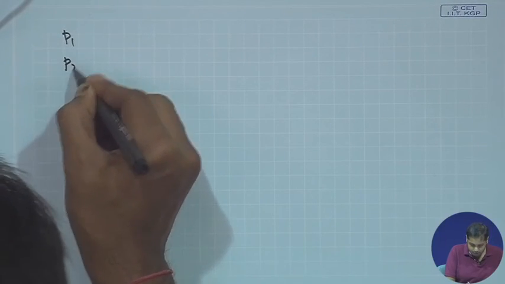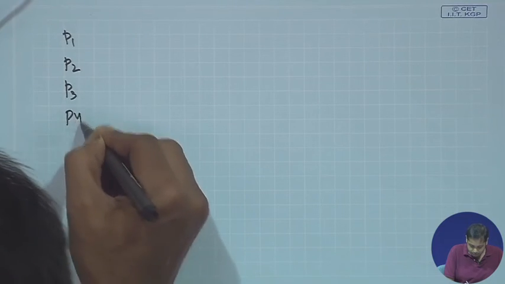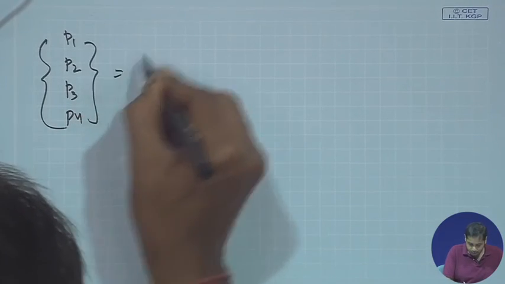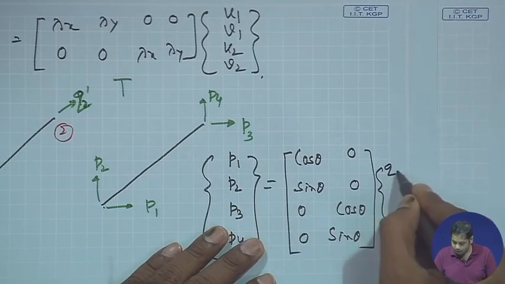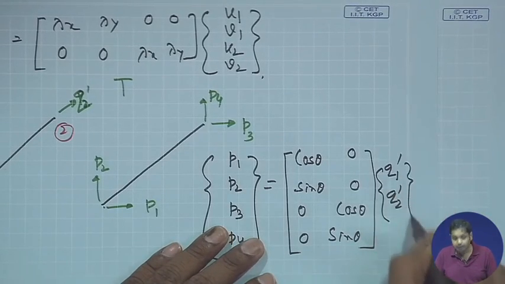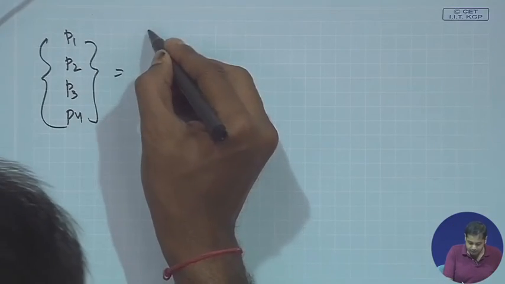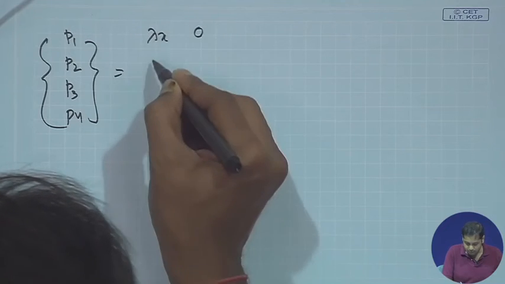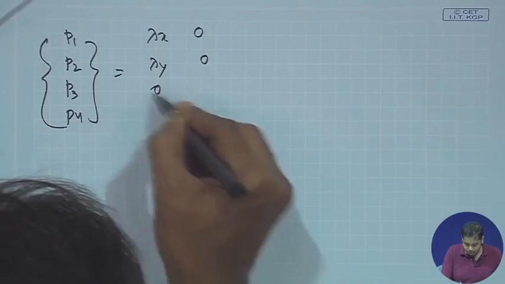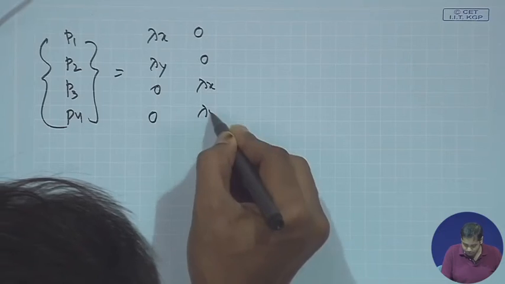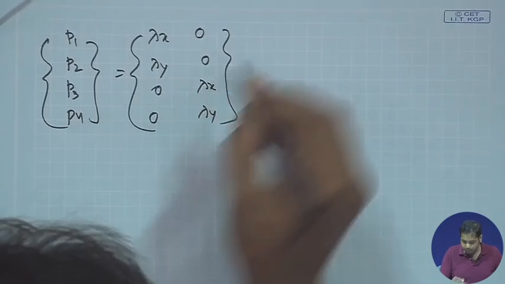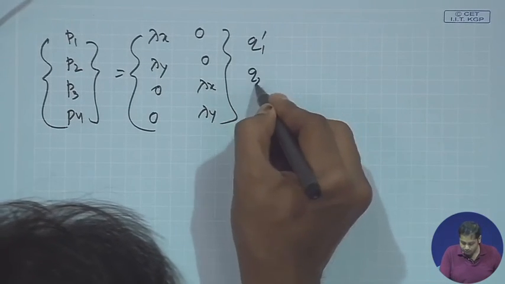Or we can write this as well: P1, P2, P3, P4 is equal to, and here we have Q1 dash and Q2 dash. Now, the same thing we can write by substituting cos theta as lambda x: lambda x, 0, lambda y, 0, 0, lambda x, and 0, lambda y, multiplied by Q1 dash and Q2 dash.